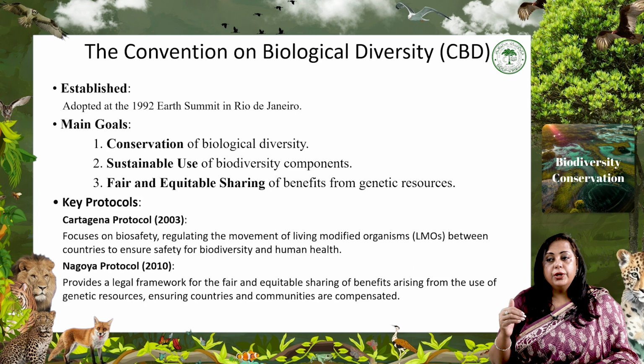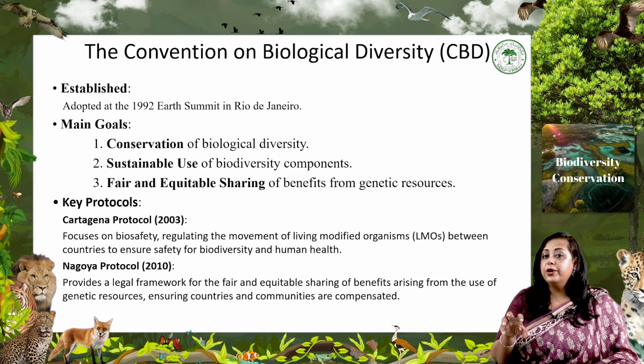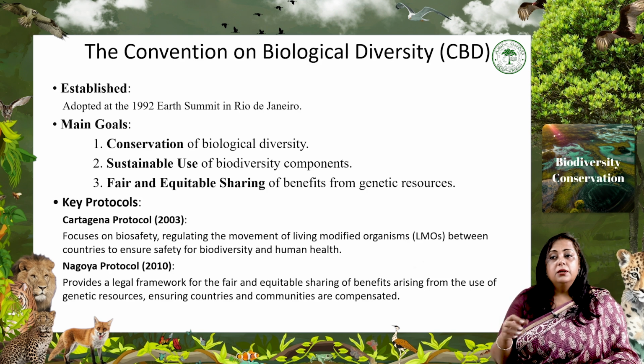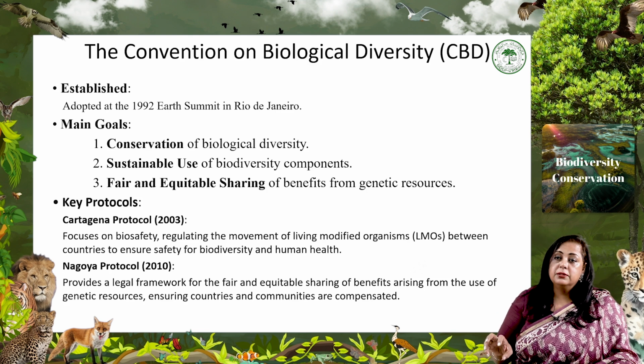If neem is growing in India, no other country should take a patent out of the neem. If turmeric is growing in India, there should be a sovereign right over the turmeric. It's our product because it is growing in our country.